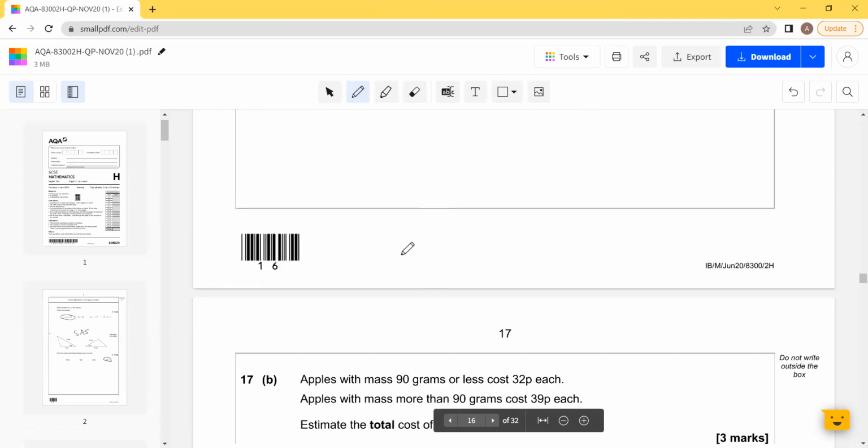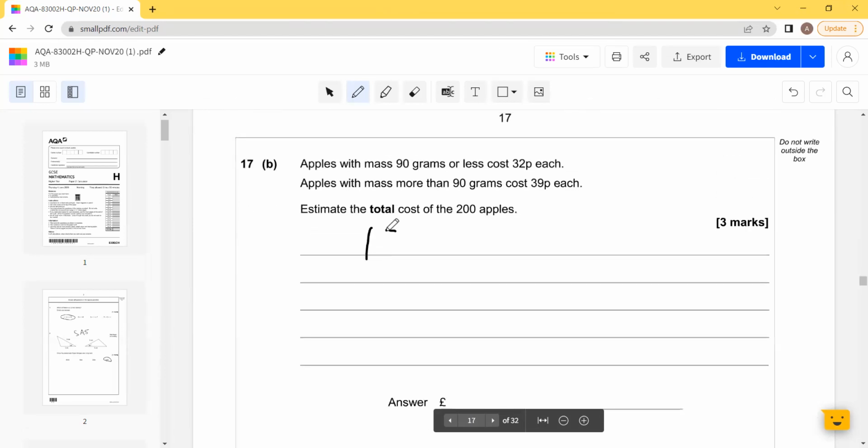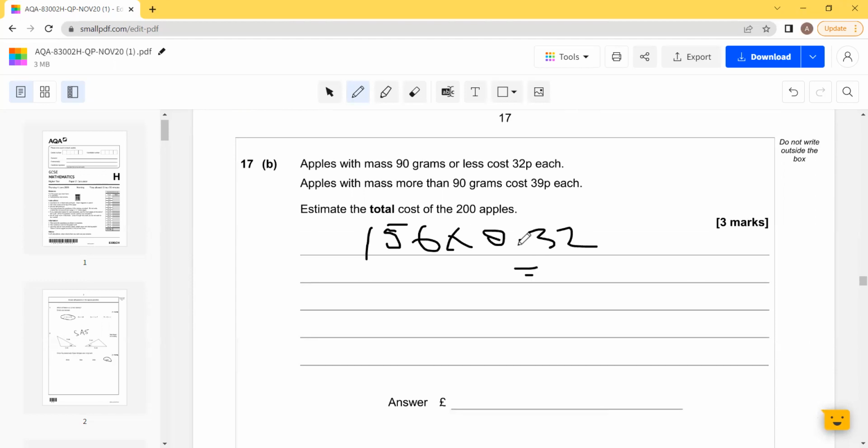So we can do 156 times 0.32, for the price of apples with a mass of 90 grams or less. And then we can do the same thing for the apples which weigh more than 90 grams. So this is 49 pounds 92 pence.